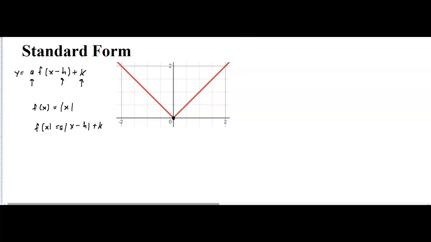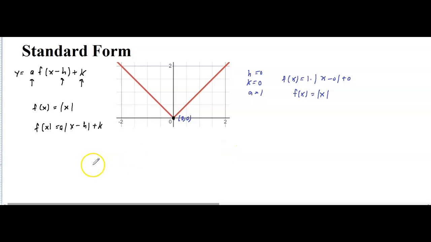And we have a central point right here, which is (0, 0). And what it really means is that h is 0, k is 0, a is 1. And that gives us f(x) equals 1 times the absolute value of x minus 0, plus 0. If you simplify this, we just get absolute value of x.